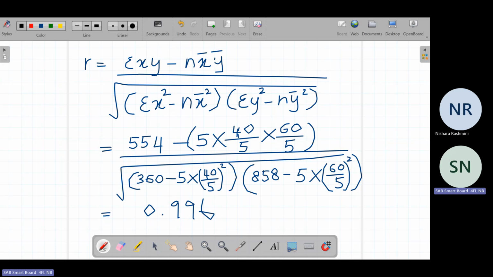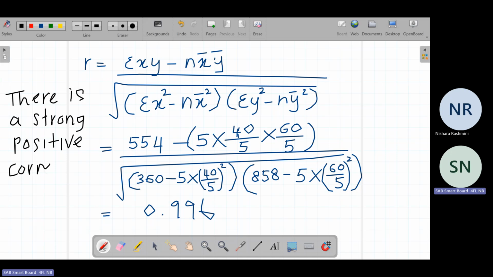It's nearest to plus one. It's a strong one. Then we can say there is a strong positive correlation.